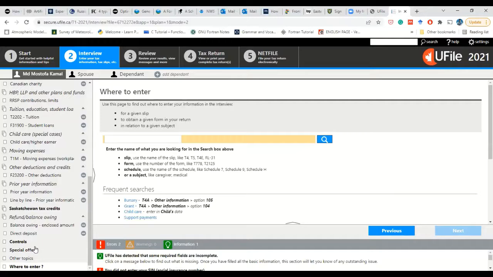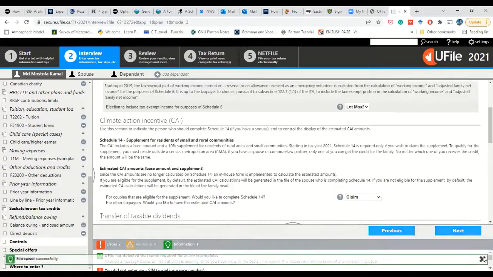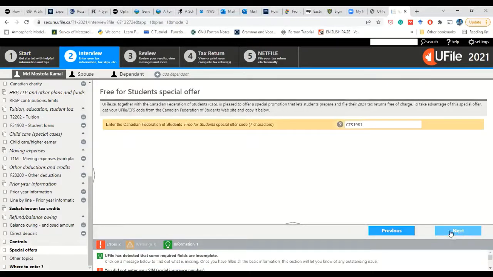You just start from the very beginning, and it will automatically show you where you need to provide this information. I think it is around the control section. No, it is around, I think, the last section here. It is a special offer. Look here, you see the control and the special offer, and the special offer is here. Okay, it is at the end. Okay, I got it. It is the very last part.